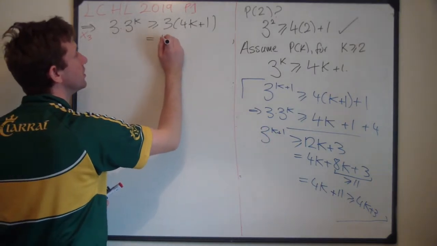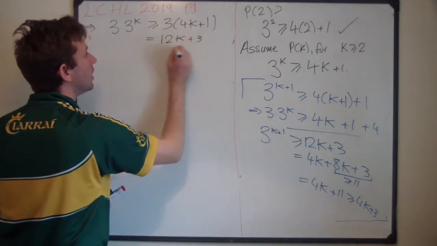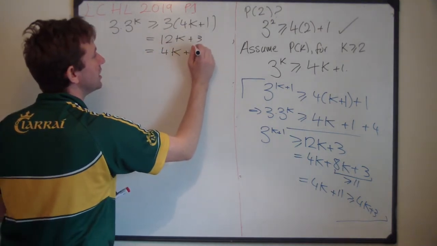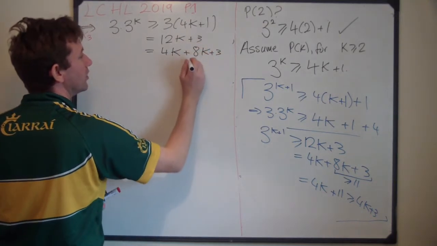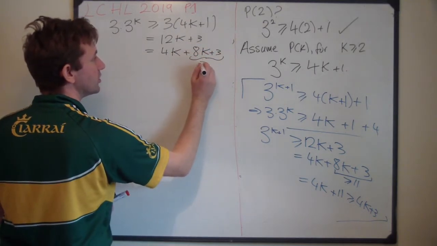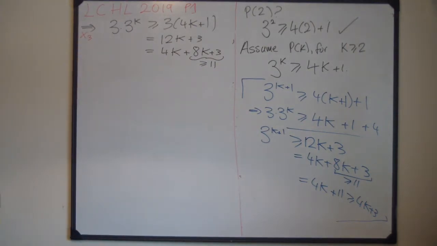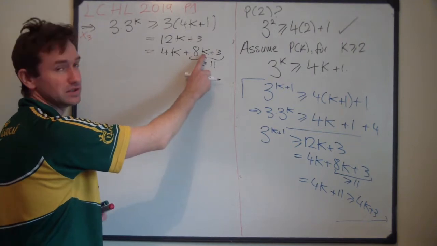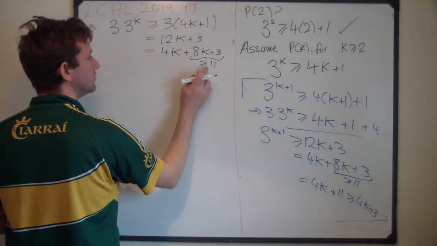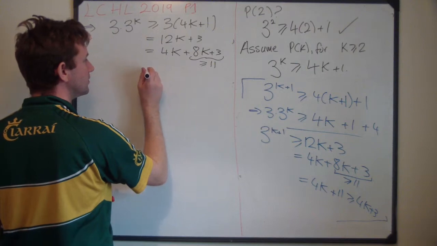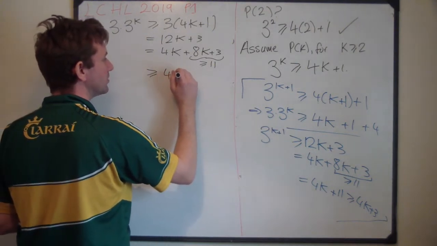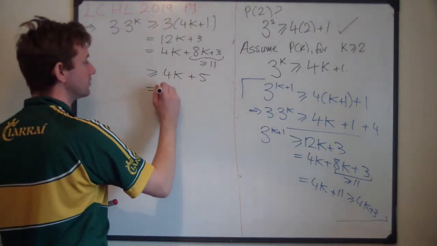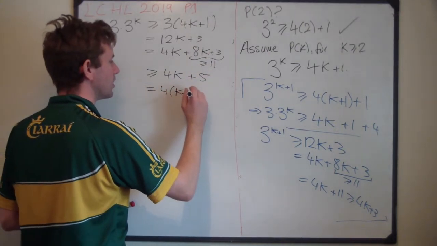So this is equal to 12k plus 3, and this is equal to 4k plus 8k plus 3, and we know that 8k is greater than or equal to 11 because k has to be greater than or equal to 2. So in particular, I could actually take this to be 19. So if this is greater than or equal to 11, this is certainly greater than or equal to 4k plus 5, because 11 is bigger than 5, and then this is equal to 4 times (k plus 1) plus 1.